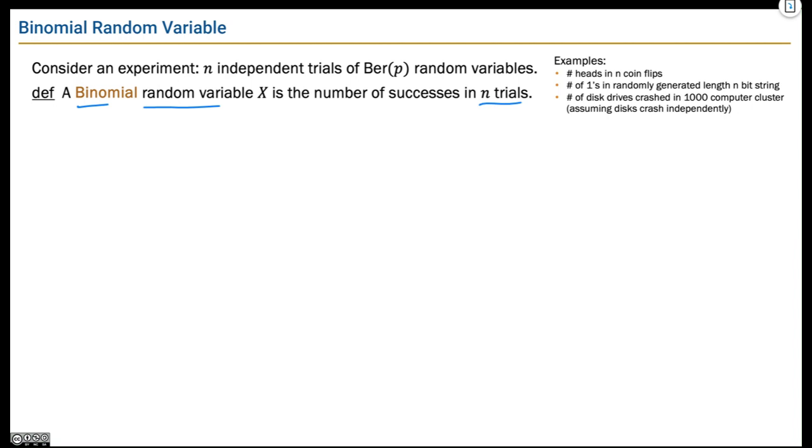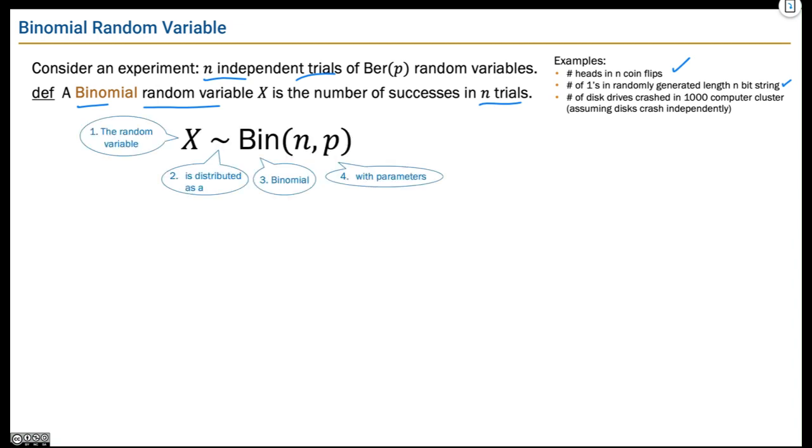So a good example, like we said, is the number of heads or number of tails in n coin flips, number of ones in a randomly generated bit string, number of disk drives that crash in a 1,000 computer cluster. Again, anytime I have independent trials of a success or failure type variable, we can consider the number of successes as a binomial.